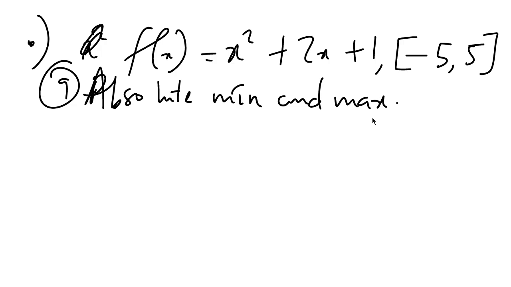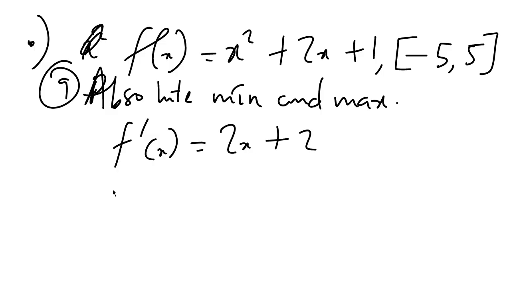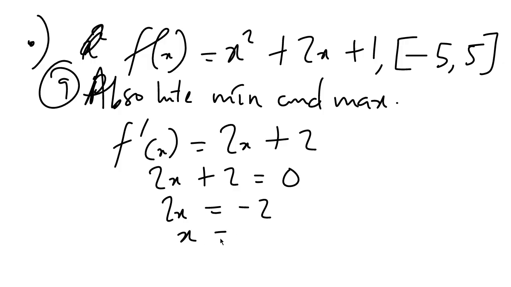To get the absolute min or max, the first thing you do is get the first derivative of the function. The first derivative of this is going to be 2x plus 2. Equate that first derivative to 0 so that you can get the critical point. 2x is equal to minus 2, so x equals minus 1.